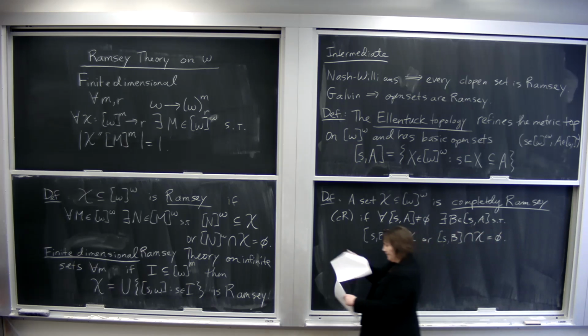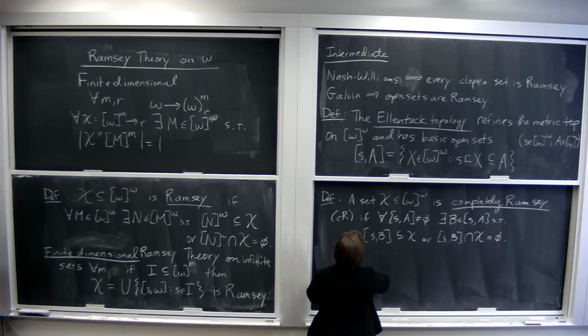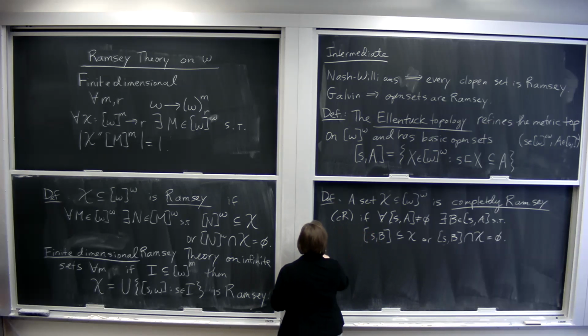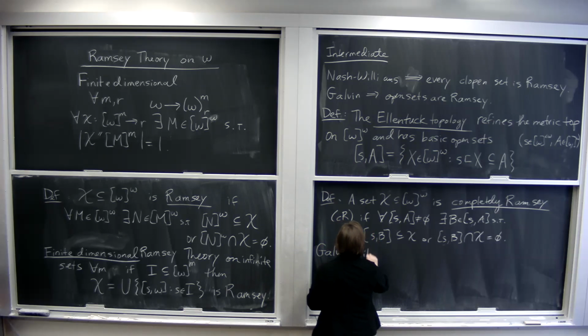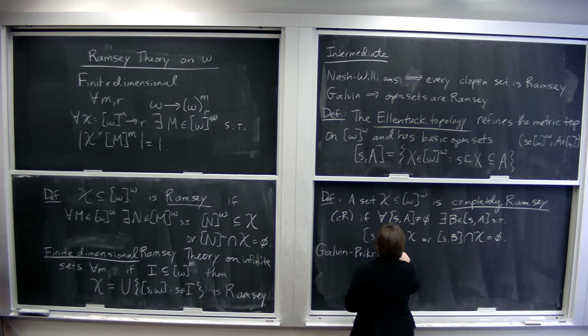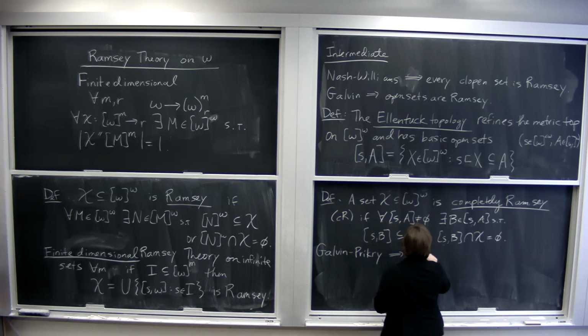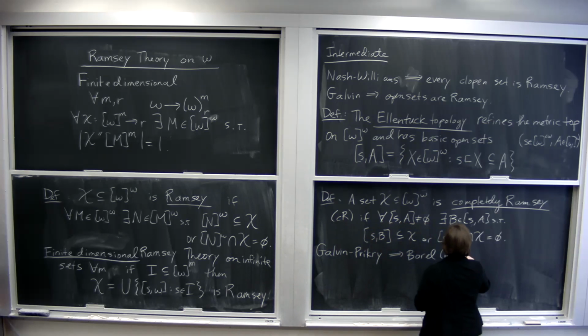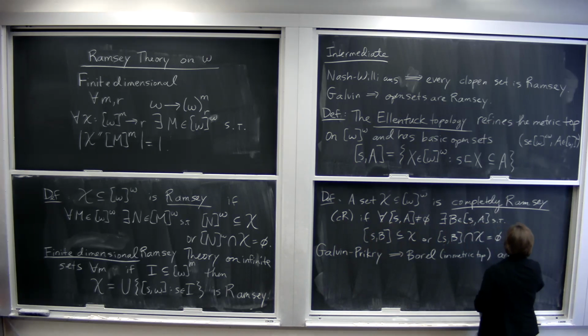All right, so Galvin-Prikry now implies that Borel sets, Borel in the metric topology, are completely Ramsey.